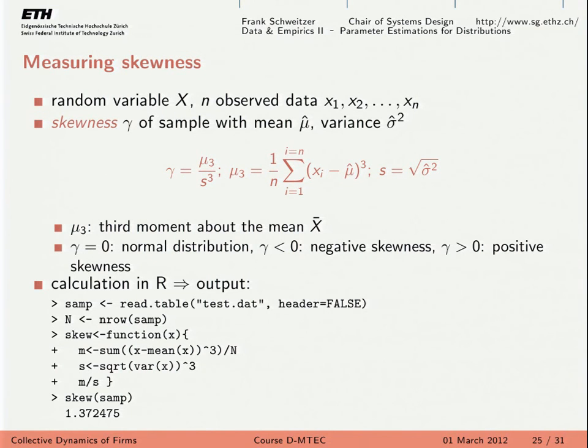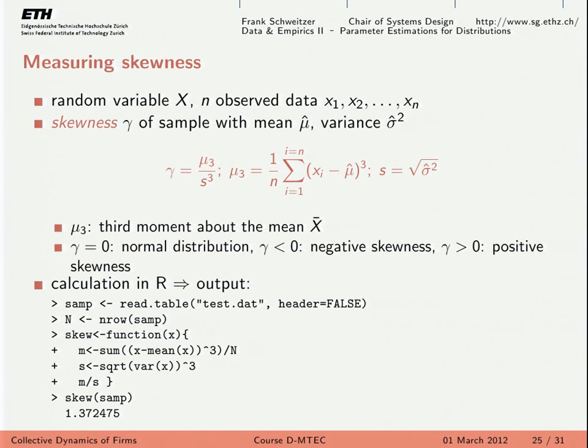So we have a table with our test data. Then we assign the values 1 to n from this test data, and we define a function that is called skew, exactly as we have described here.